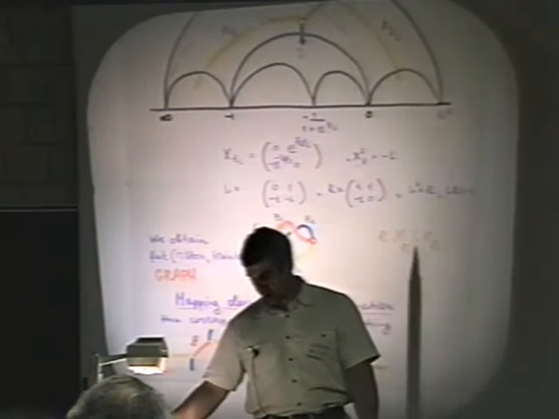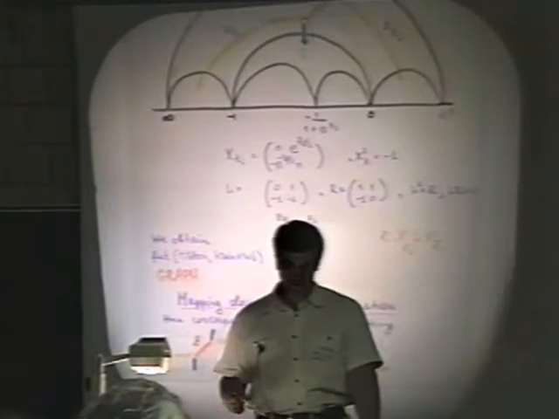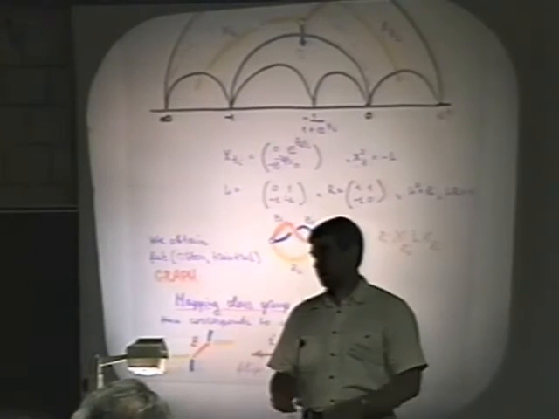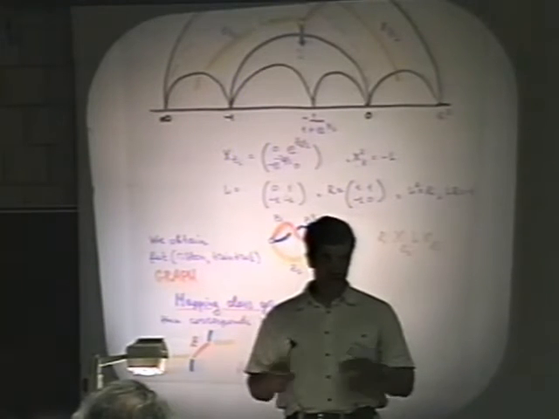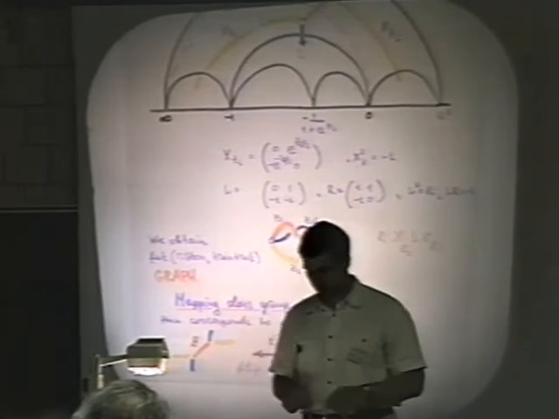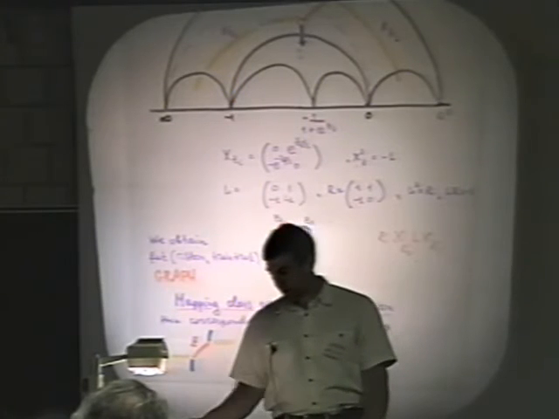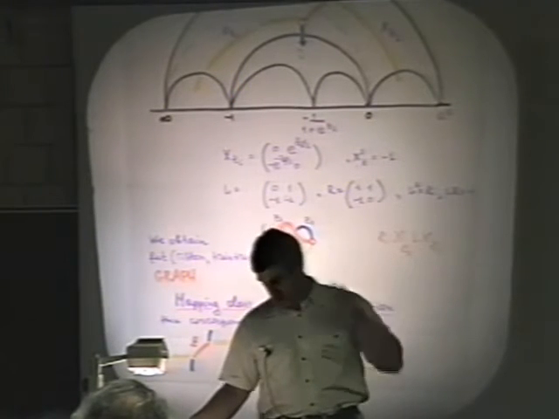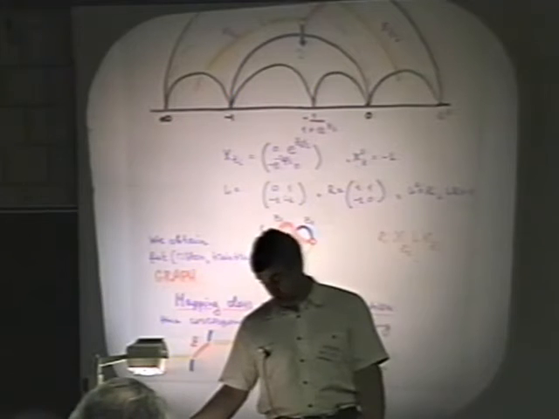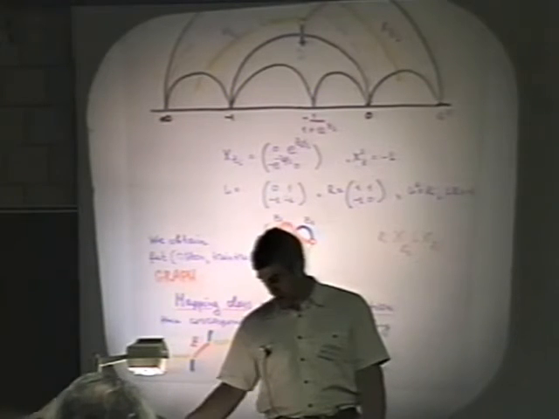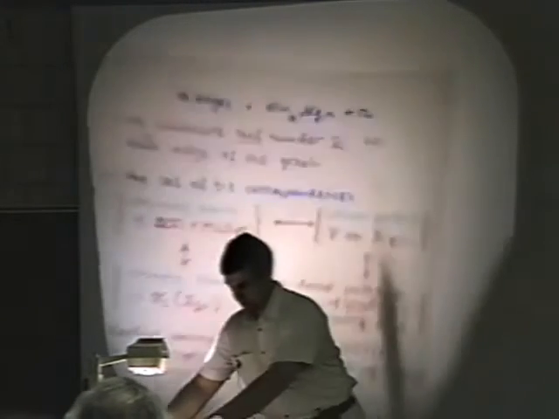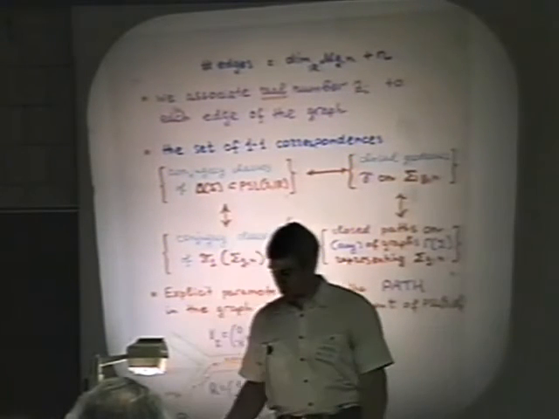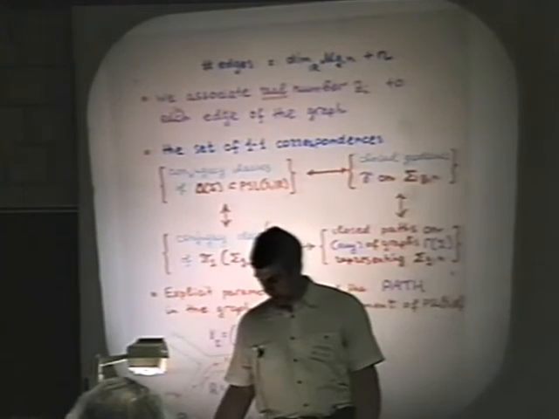So if we have an arbitrarily complicated graph corresponding to the surface of genus g and the surface with a number of boundary components, nevertheless, this consideration works well, and we may consider, okay, this set of one-to-one correspondences.